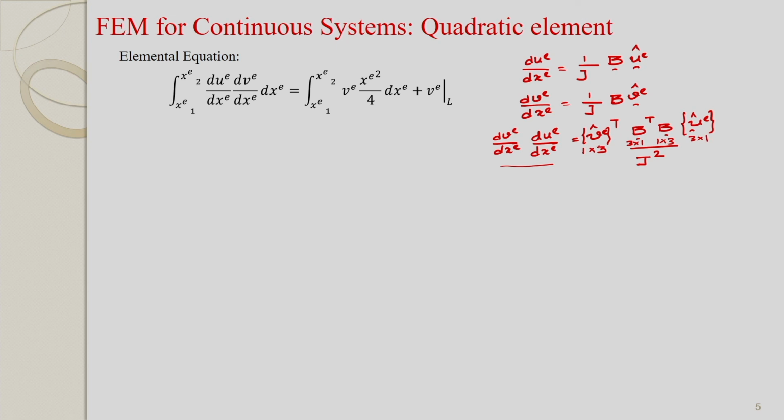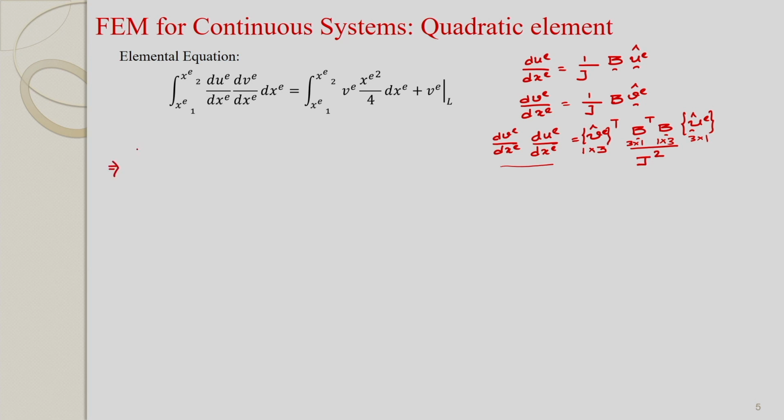So, after the multiplication it becomes 1 cross 1. So, we have used the transpose like in the linear element. Here this is divided by a scalar quantity J square.